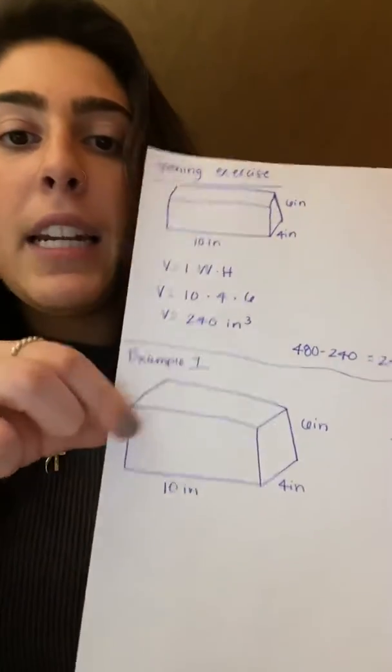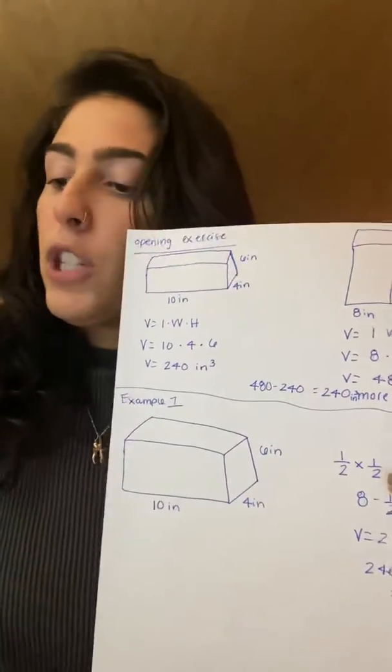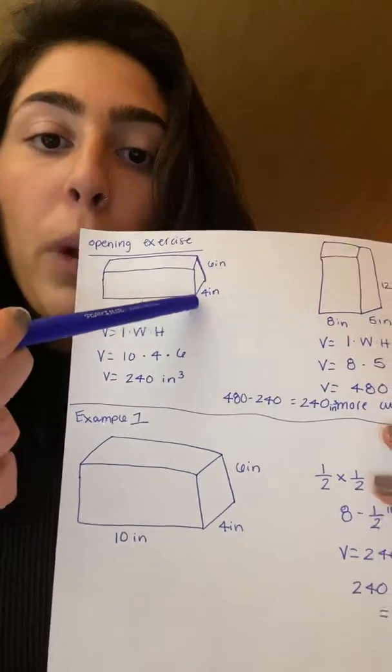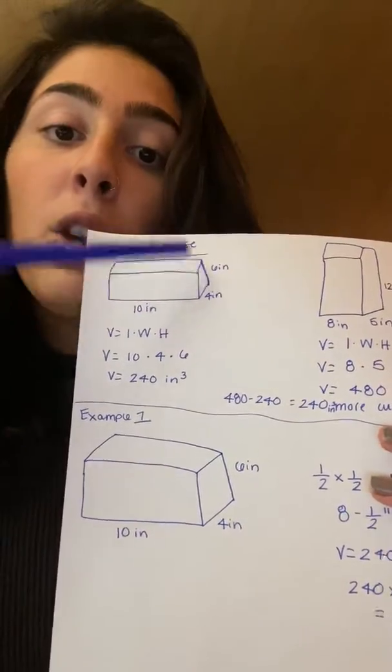So what we have to do here is find the volume. And in order to find the volume, we're going to use our formula, V equals length times width times height. Yours is obviously drawn for you, but we have our length, which is 10, our width, which is 4, and our height, which is 6.